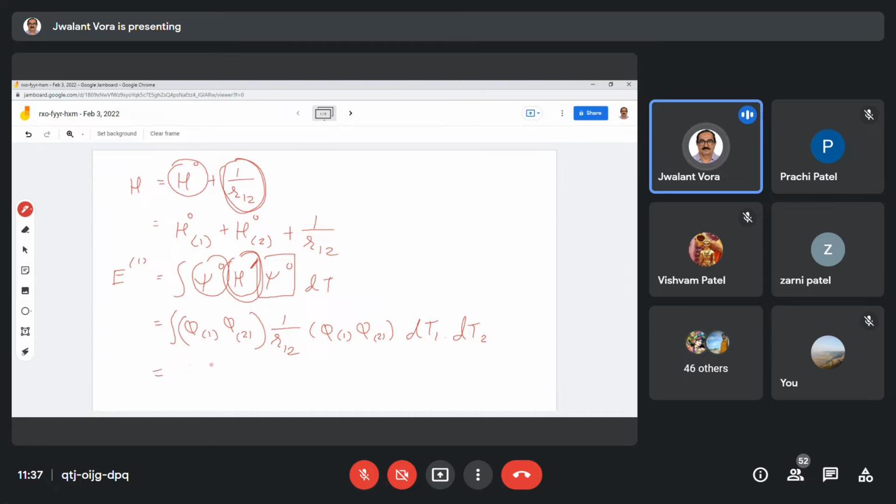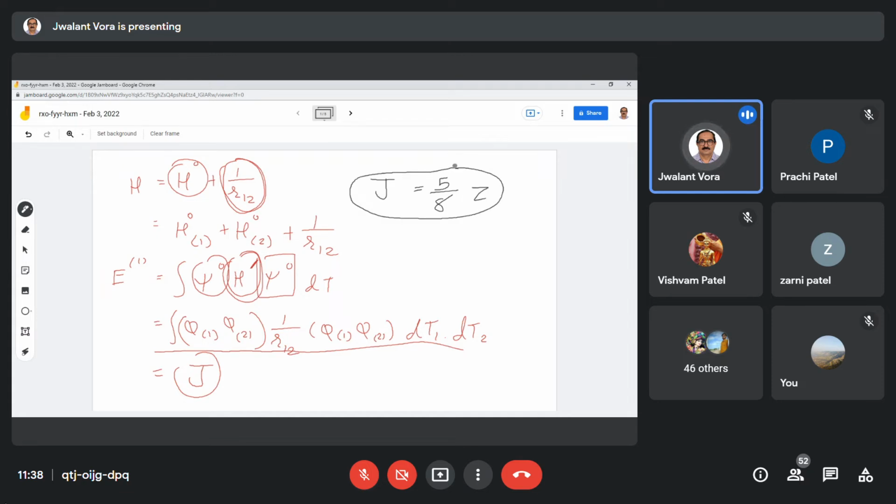Say for example this is equal to J. This is the value of the first order correction. By the lengthy calculation they found out that J is equal to 5 by 8 Z. Please remember this value.